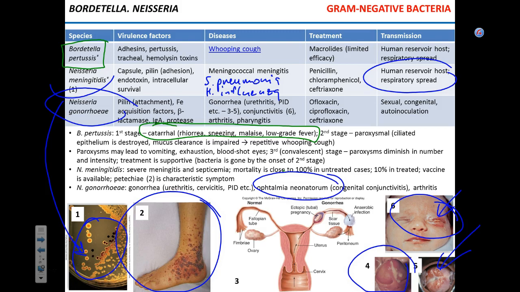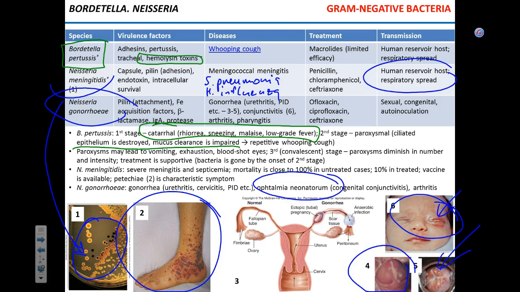During that time, the microorganism actively replicates in a pseudostratified ciliated epithelium of the lower respiratory tract, such as trachea and bronchi. During the replication, the toxin of Bordetella will lead to the destruction of the epithelium.